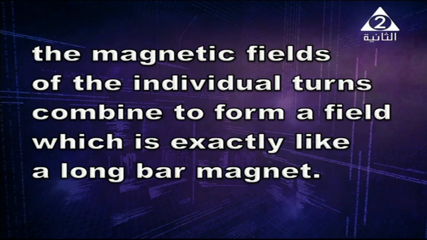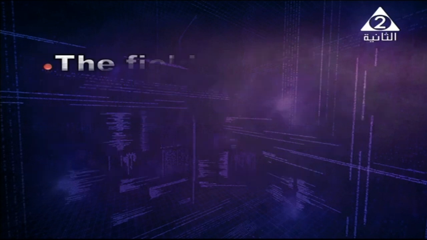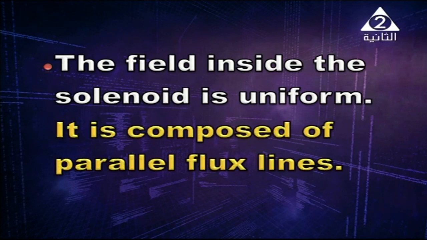The field of the circular coil behaves like a short bar magnet, but that of the solenoid is just like a long bar magnet. The field inside the solenoid is uniform and is composed of parallel flux lines.